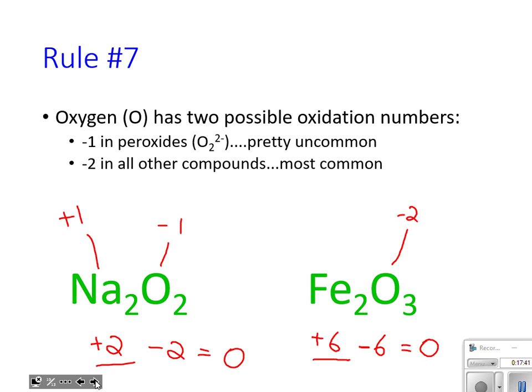So each iron must have an oxidation number of +3. Ladies and gentlemen, you've been doing that, haven't you? Because you would have named this iron 3 oxide, wouldn't you? You would have had that Roman numeral 3. So you've already been doing this for this metal here, this iron 3 oxide.